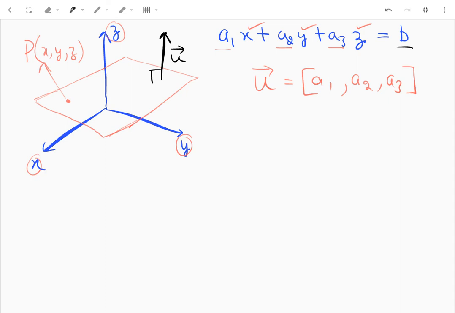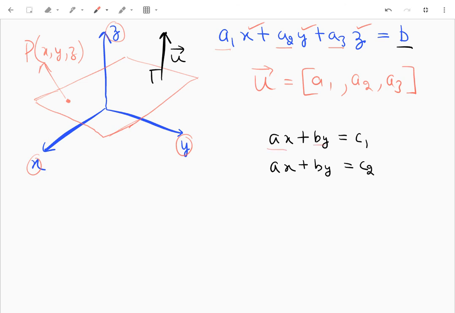And about this b, let's look at it this way. In our two-dimensional geometry, how do we represent a pair of parallel lines? They are like ax plus by equals c1, and then ax plus by equals c2. This is how parallel lines are expressed.